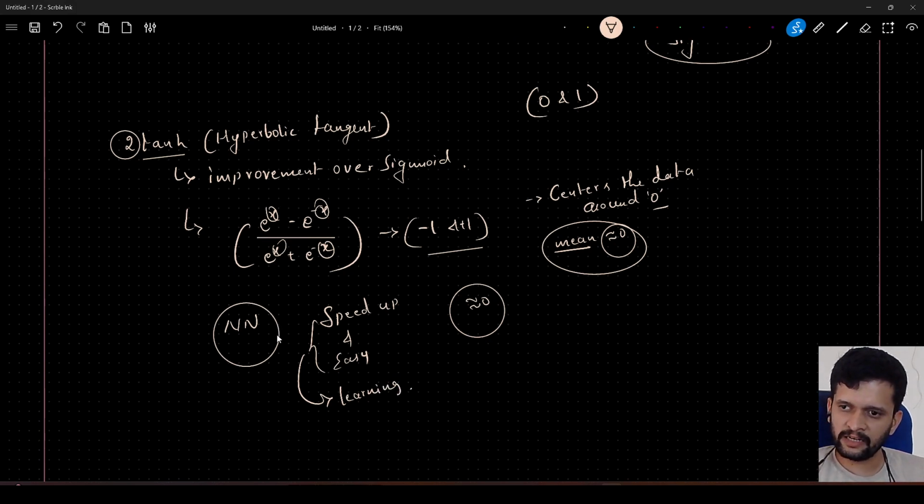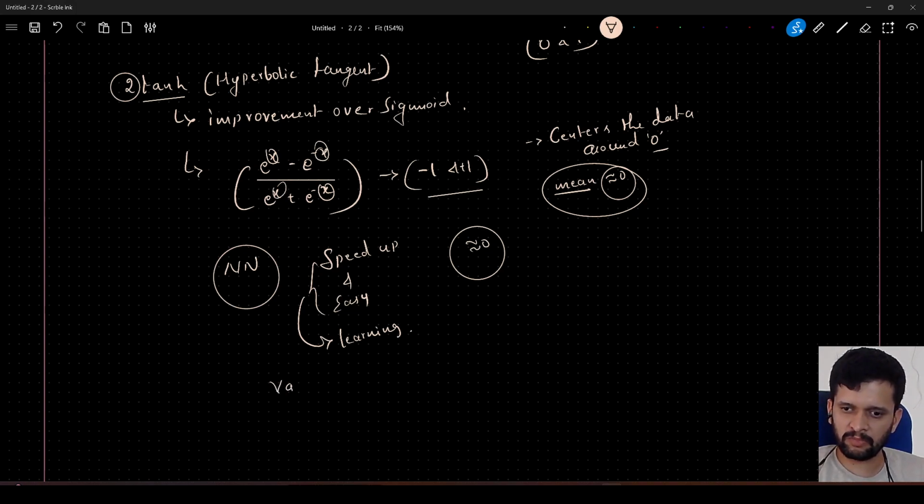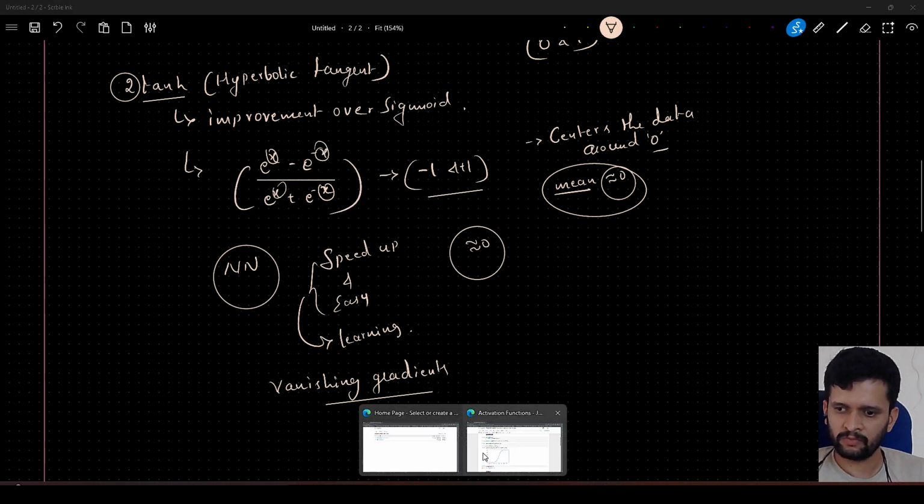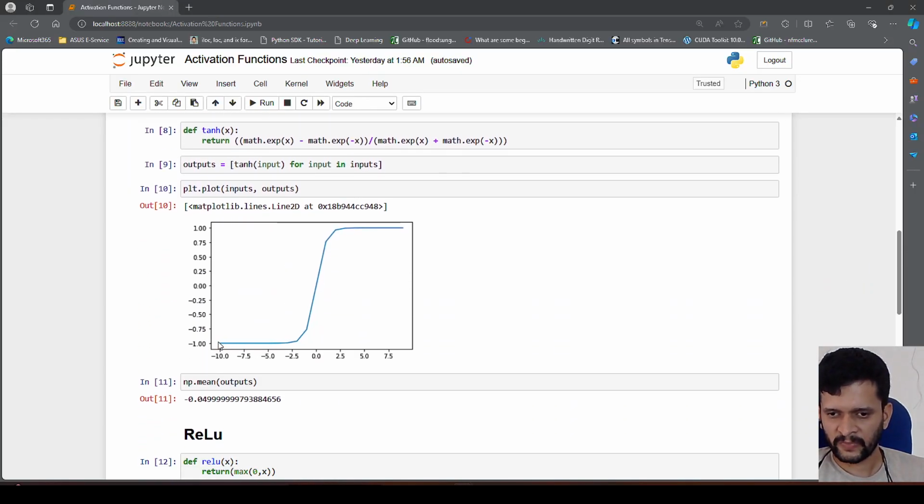So does this mean it does not have the vanishing gradient problem? It does. It has the vanishing gradient problem, so this should also not be used in hidden layers. Just like sigmoid, if you look at this tanh curve, the gradients are 0 or almost 0 once the input values increase in either the positive or negative direction.